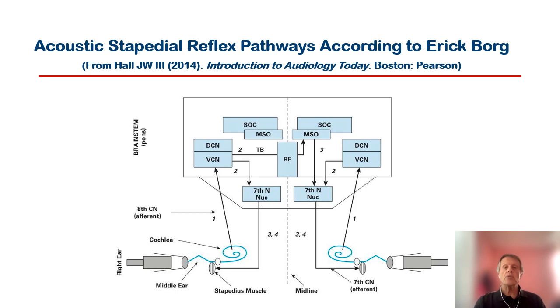So the acoustic reflex allows us to very quickly, within minutes, and very objectively and conclusively document whether the child's auditory system is normal or abnormal, and we can even often determine where in the auditory system the problem might exist, whether it's in the periphery, the auditory nerve, or the brainstem.